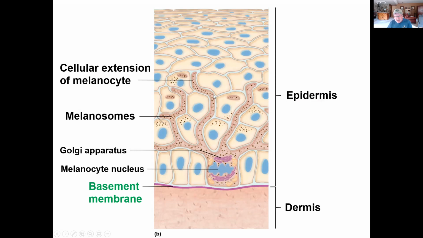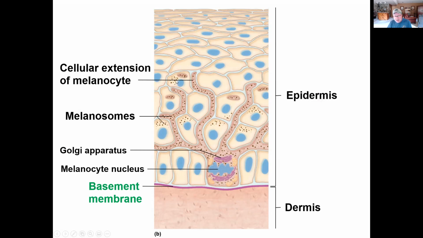And inside those little quote-unquote tentacles, those little cytoplasmic extensions, are little brown pigment molecules called melanin. There's our melanin pigments. And these melanocytes can actually deposit that melanin in some of these cells of the stratum spinosum.